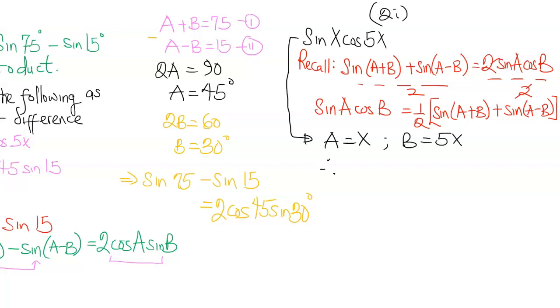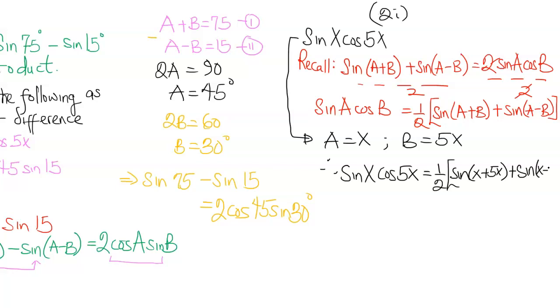Therefore, sine x cos 5x is going to be equal to 1/2 sine A plus B, that's x plus 5x, plus sine A minus B, that's x minus 5x.